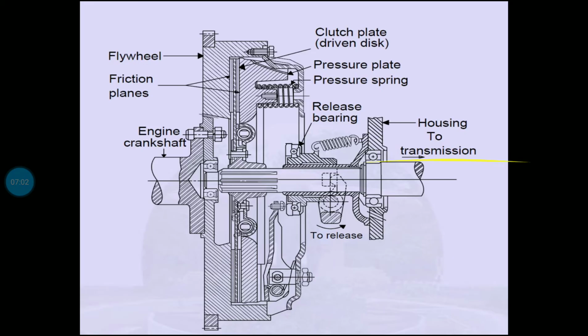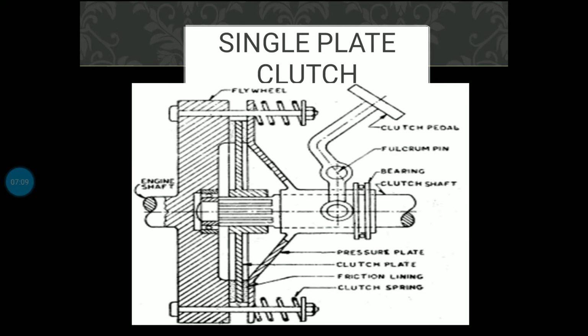If you see the diagram, when I apply the clutch pedal, the fulcrum pin will move to the right side, and it will make the clutch shaft move front. When it moves front, the clutch plate will release the driver and driven shaft.